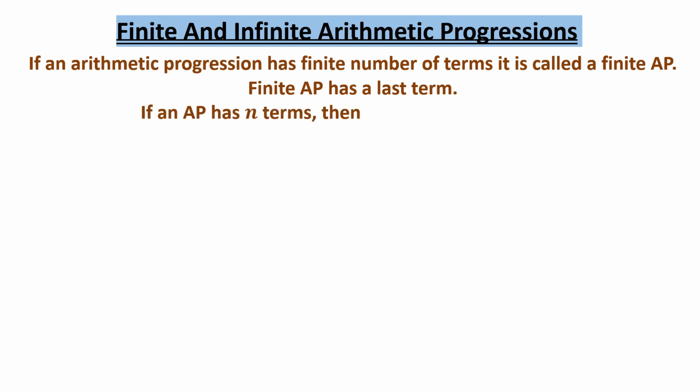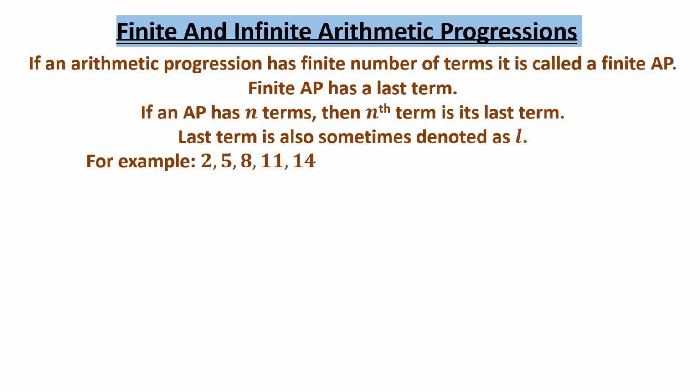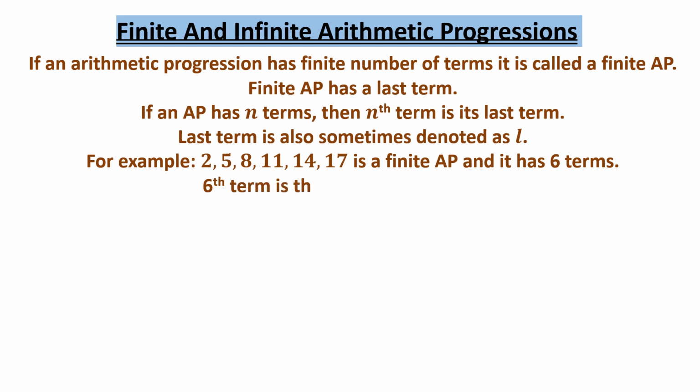If an AP has n terms, then nth term is its last term. Last term is also sometimes referred to as L. For example, 2, 5, 8, 11, 14 and 17 is a finite AP and it has 6 terms. Sixth term is the last term and it is 17 here.